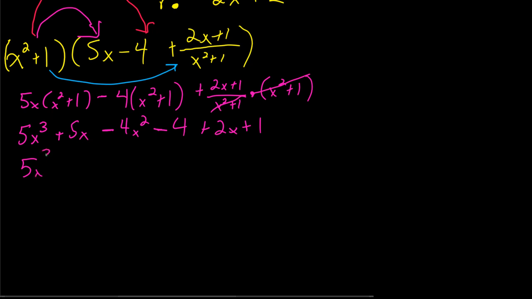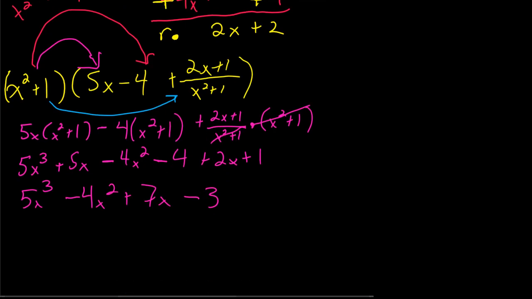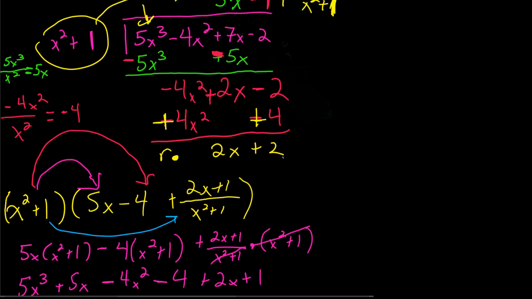5x cubed minus 4x squared plus 7x, there's those, minus 3. Whoops, did I miswrite something? Yes, I did. That should be a 2.